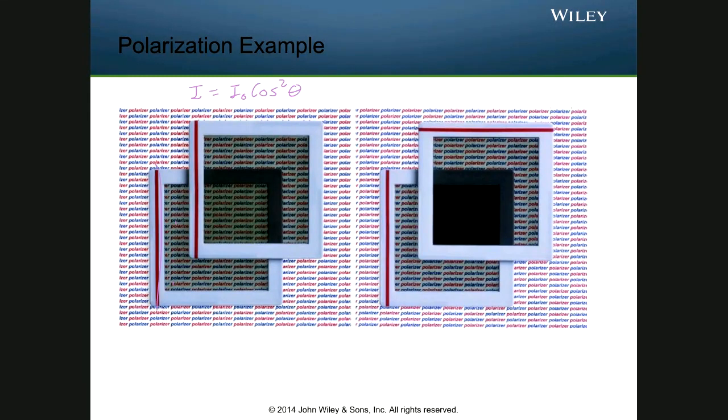So you'll notice in this part, theta equals 0, cosine of 0 equals 1, and I equals I naught, right? So we can see that here, that we don't actually change intensity through this polarizer. But now what I want you to notice is that we're at a right angle here. All right, so here, theta equals 90, and cosine squared of 90 is equal to 0. So I equals 0, and you'll notice that the image is completely blocked out.